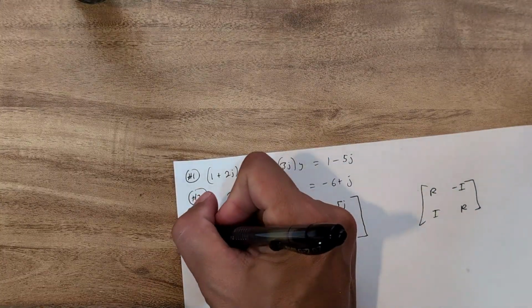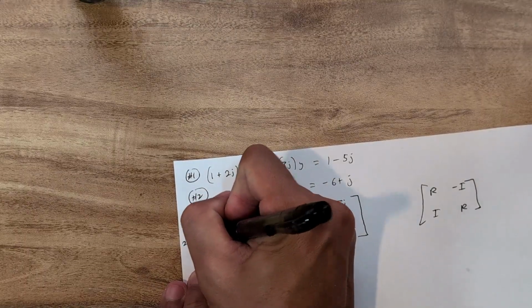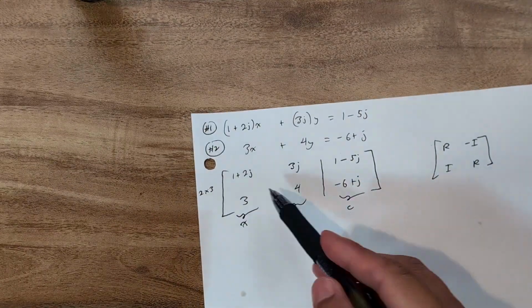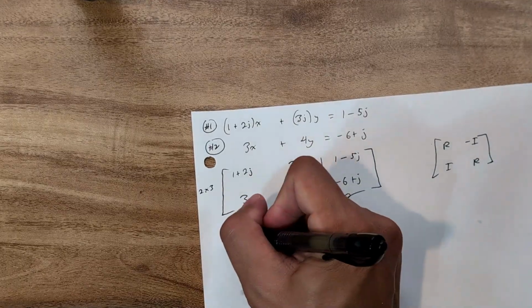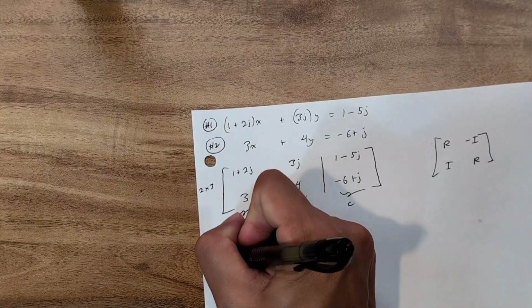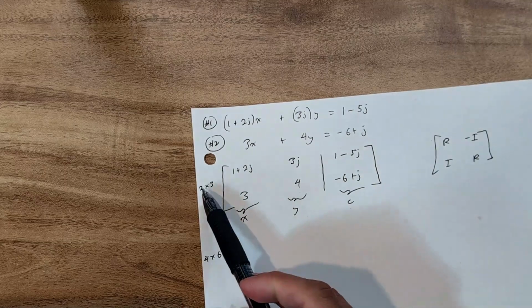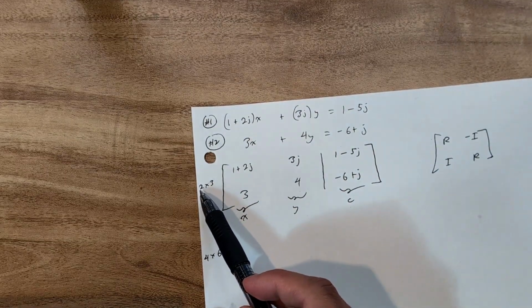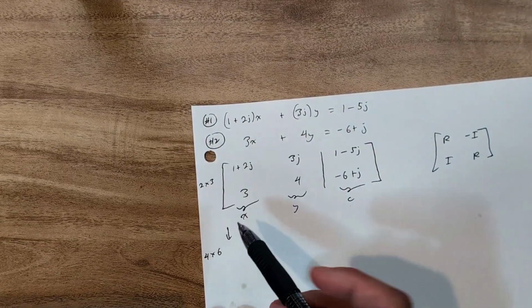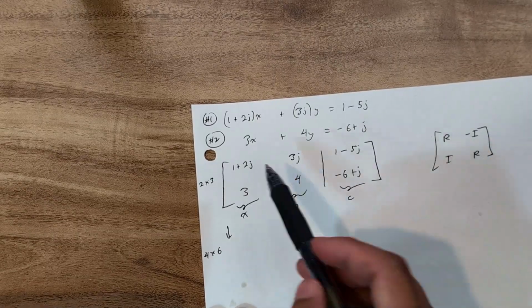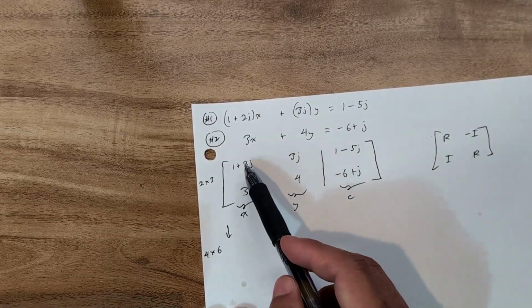So this is a 2 by 3 matrix, and then we're going to convert this into a 4 by 6 matrix. So you just double the rows and you double the columns. It's going to be a 4 by 6 matrix, and using this formula you're going to expand each of these terms.